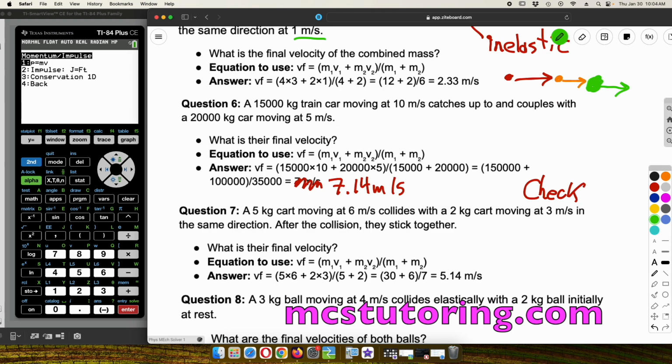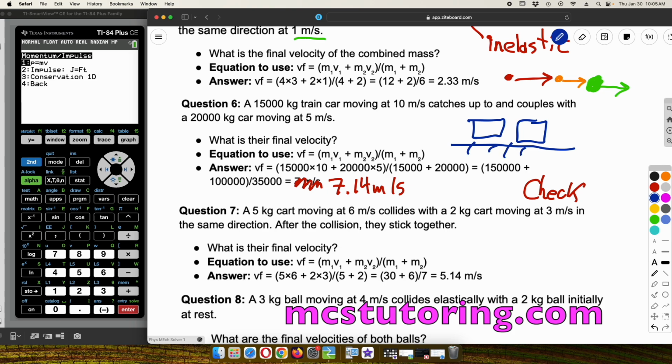Okay, oops, sorry about that. That's not quite where I want. A 15,000 kilogram train car moving at 10 meters per second catches up to and couples with a 20,000 kilogram car moving at 5 meters per second. Okay, so think of an action movie where you've got a train.